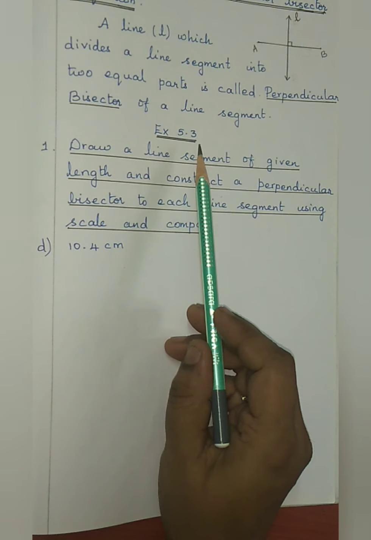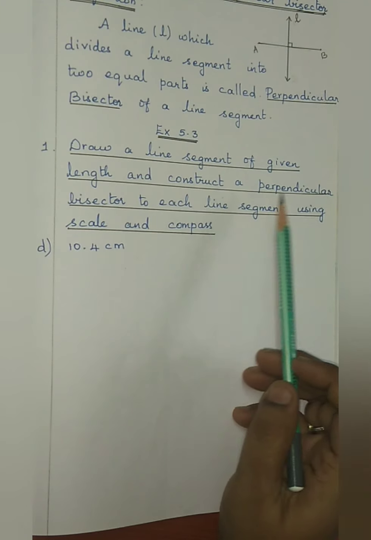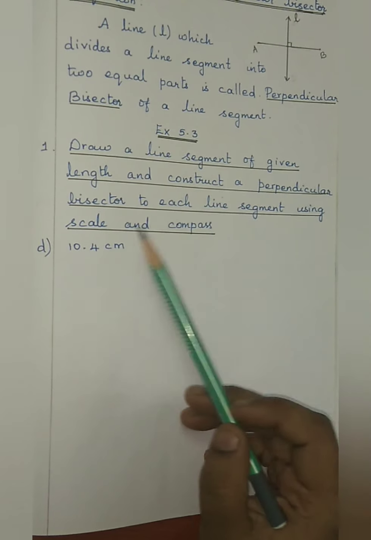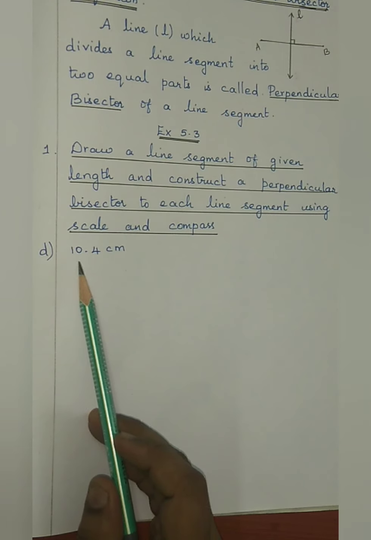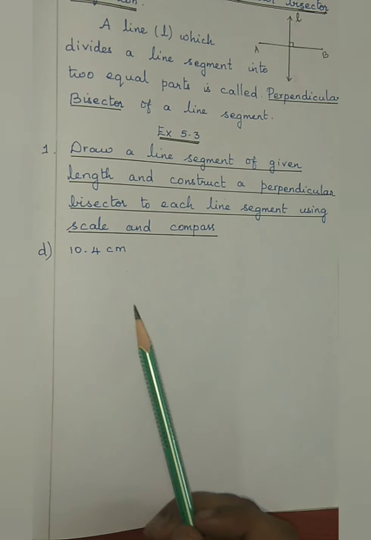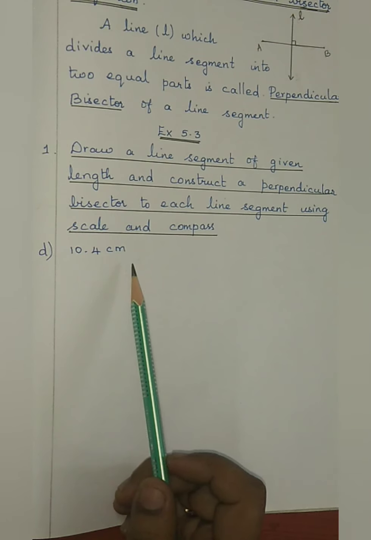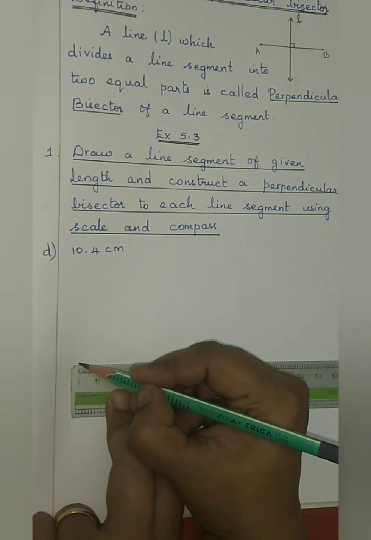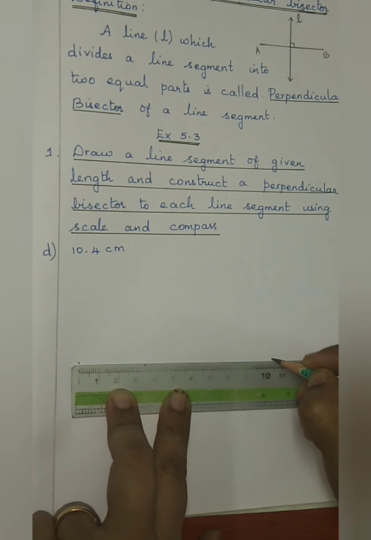Exercise 5.3. Draw a line segment of a given length and construct a perpendicular bisector to each line segment using scale and compass. Subdivision D, 10.4 cm. So first let us draw a line segment of 10.4 cm. Now take your ruler, keep a dot at 0 and another point at 10.4.